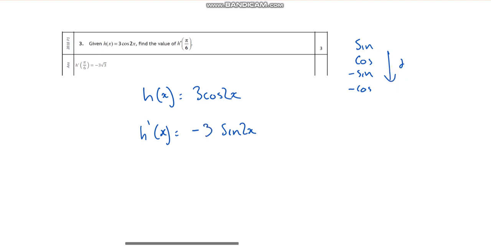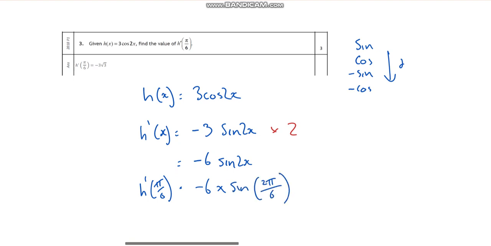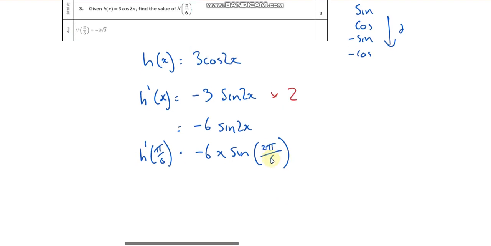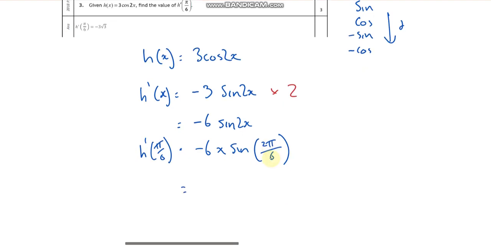But I need to multiply through by the differential of the bracket, which is 2. So I'm going to end up with negative 6 sine 2x. Now I need to substitute in my pi over 6. So it's going to be negative 6 times sine of 2 pi over 6, and 2 pi over 6 is just pi over 3.